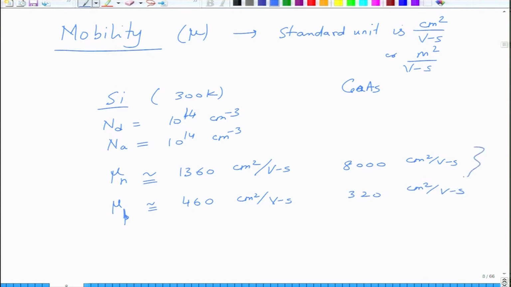So, gallium arsenide is a very good n-type semiconductor as compared to silicon. Mobility also varies as a function of temperature, so let me just show you the plot of that.